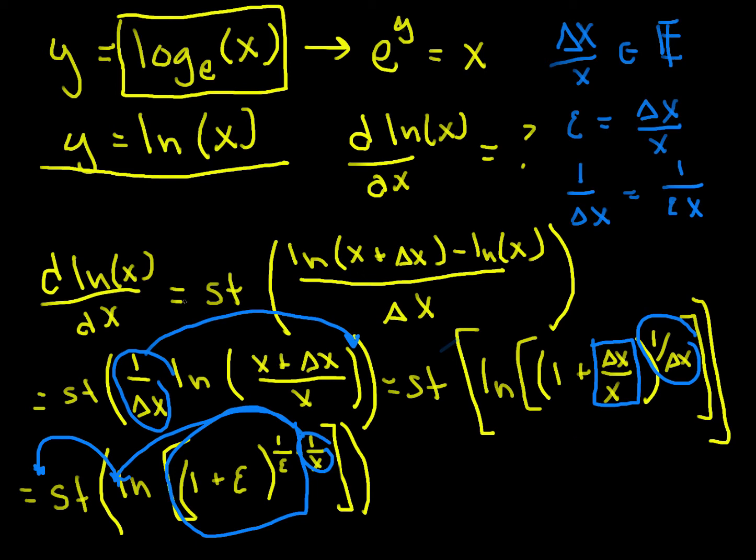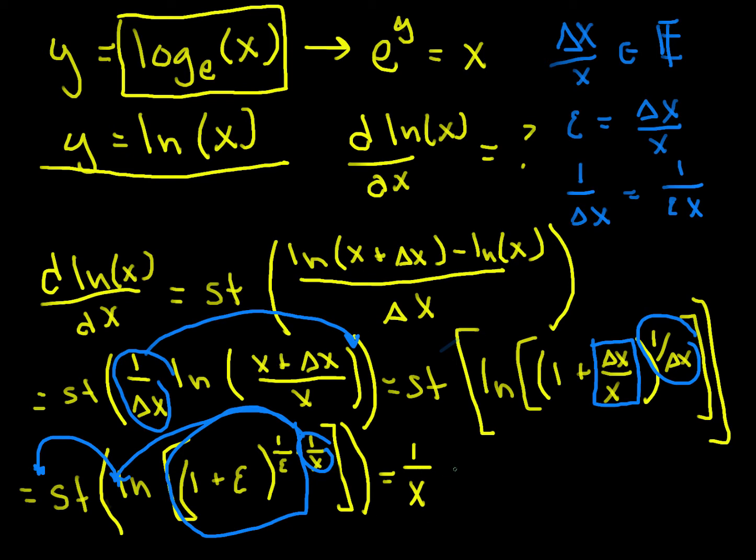So now, simplifying and doing those two steps together, this is equal to 1 over x. Because remember, this came out of the natural log function, and then I can simultaneously factor it out of the standard part.